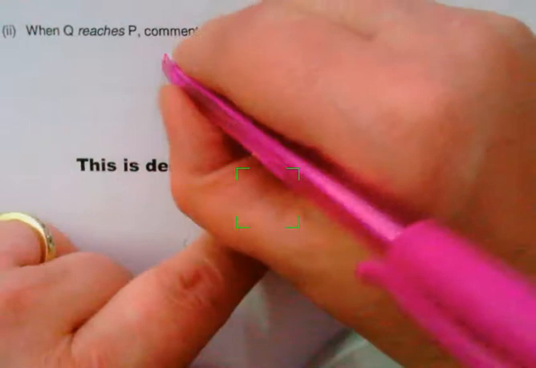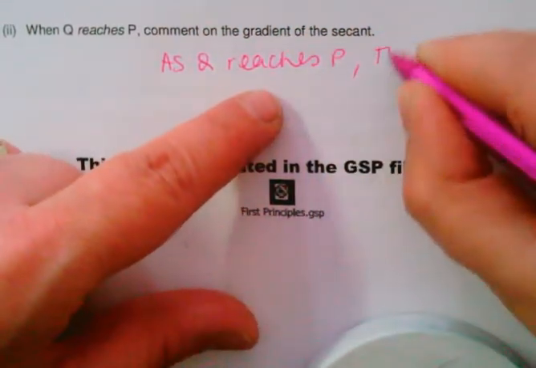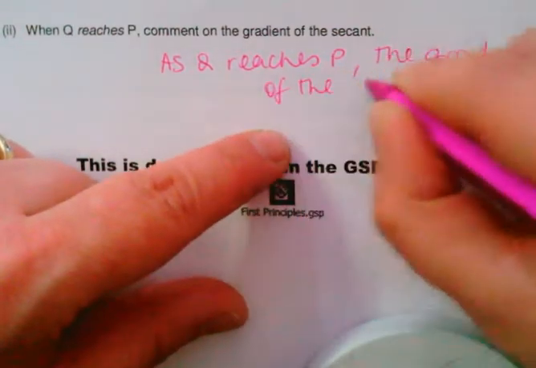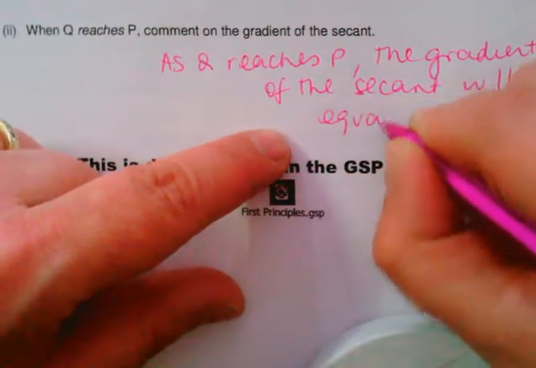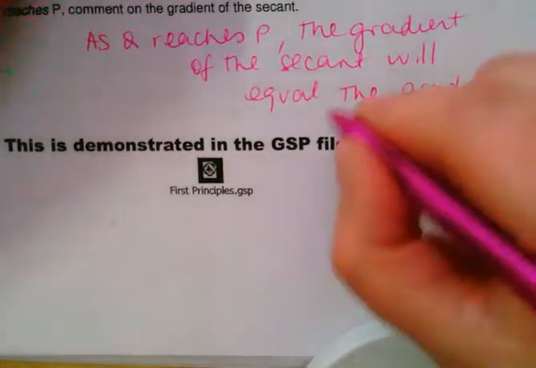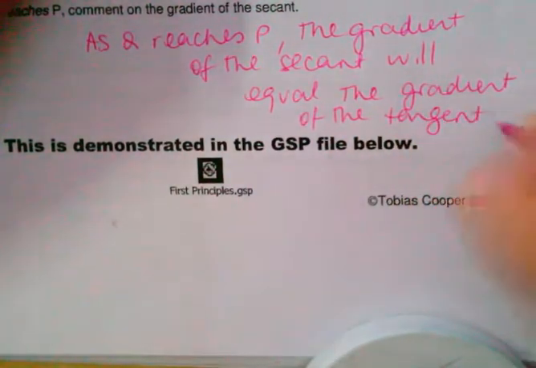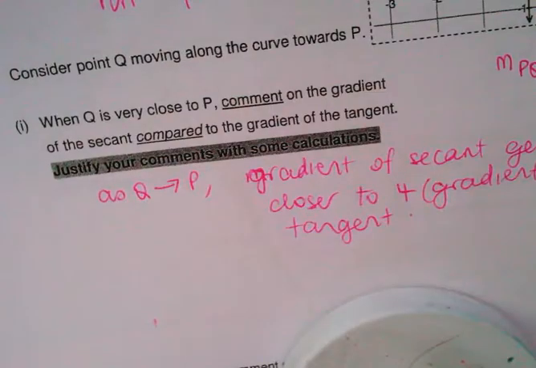So as Q reaches P, what do you think happens? The gradient of the secant will equal the gradient of the tangent. Now we're going to demonstrate this in some GeoGebra files. Okay, we're now going to GeoGebra.